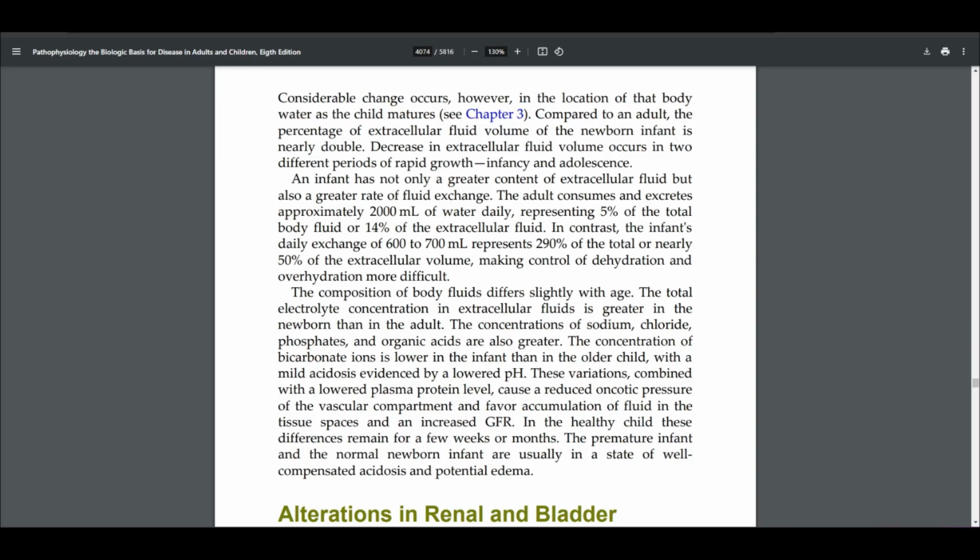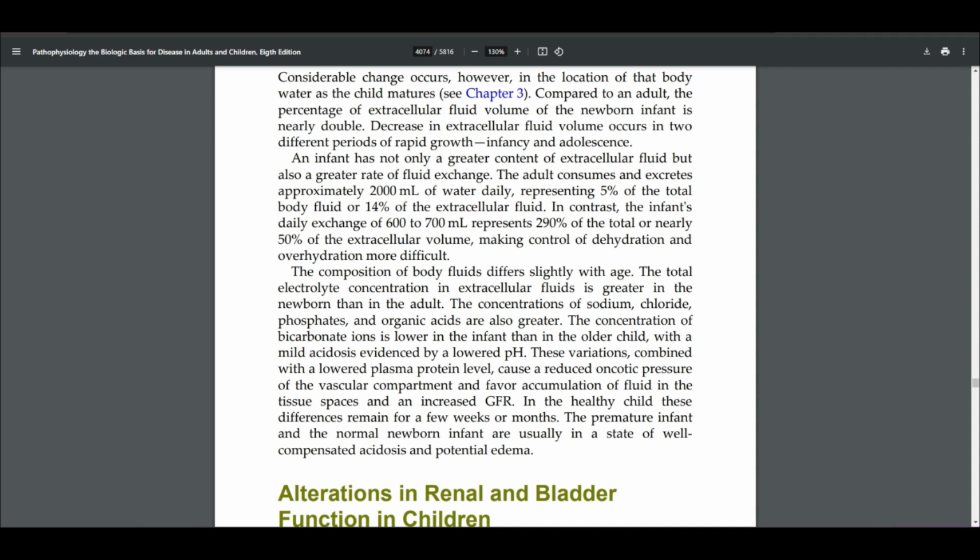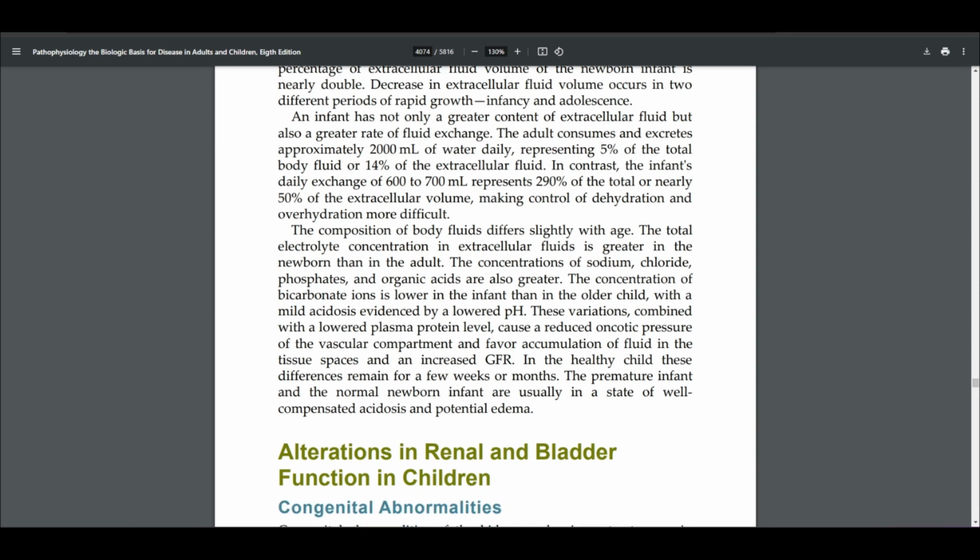Decrease in extracellular fluid volume occurs in two different periods of rapid growth: infancy and adolescence. An infant has not only a greater content of extracellular fluid, but also a greater rate of fluid exchange. The adult consumes and excretes approximately 2 liters of water daily, representing 5% of the total body fluid or 14% of the extracellular fluid.